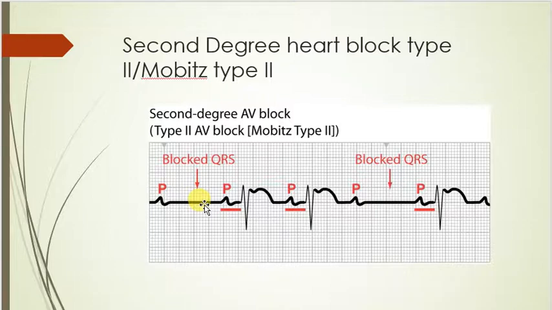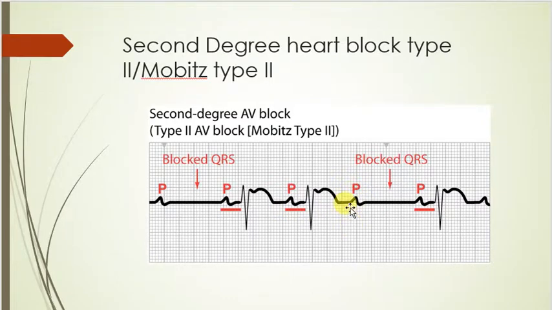This occurs when there's an intermittent interruption in the electrical conduction system near or below the AV junction. This interruption is not progressive like you saw in the Wenckebach, but it occurs suddenly and without warning. So you're just going to drop a beat.